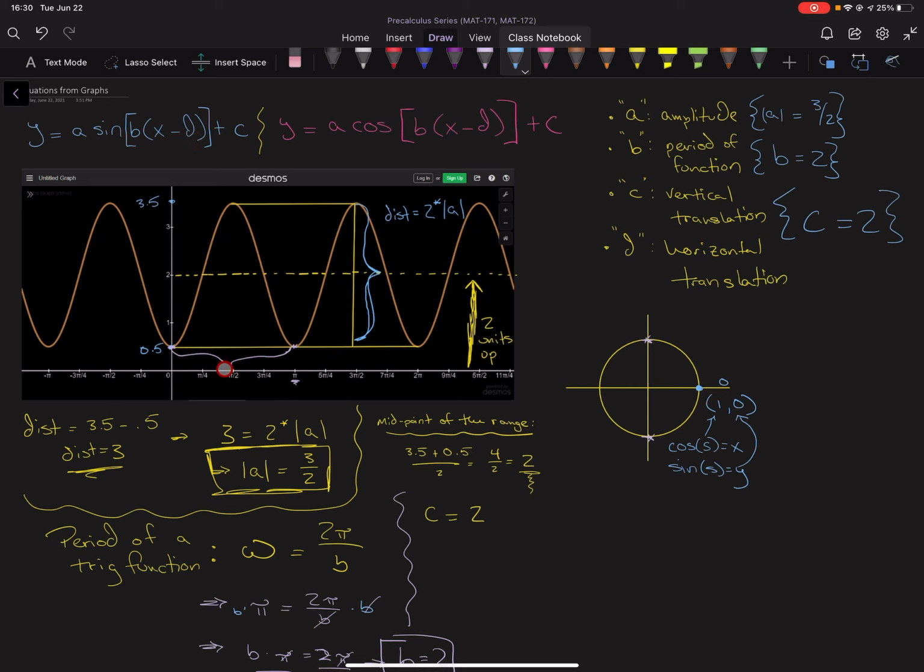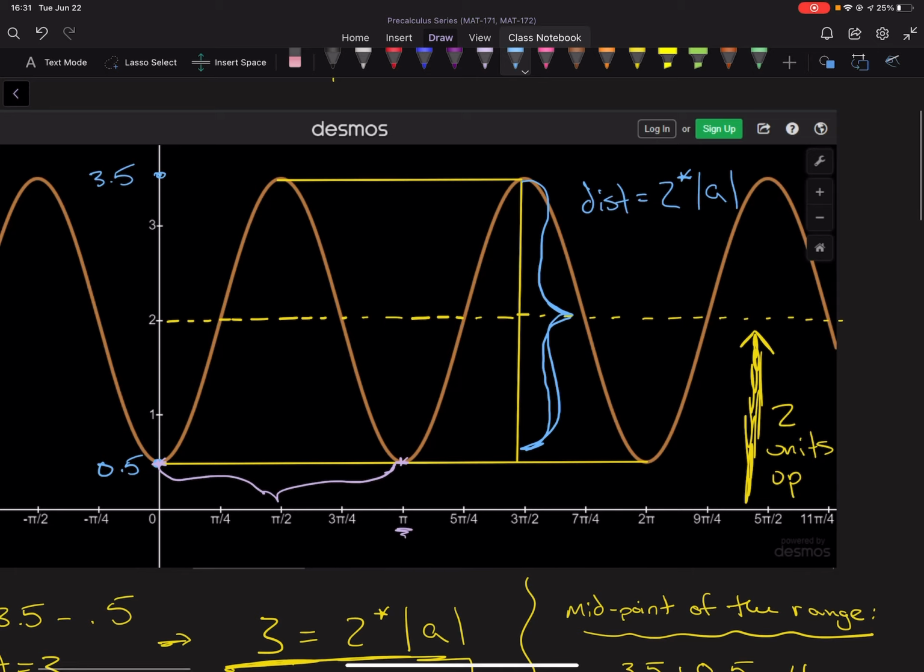So we're just going to assume that there is a shift to the right, and we need to determine how many units to the right we're shifting. If we're thinking about cosine, it will help us out quite a bit. We just really look at where cosine typically starts. Cosine typically starts here at 1, or at the highest point in the range.